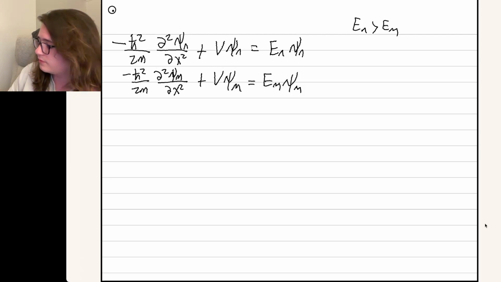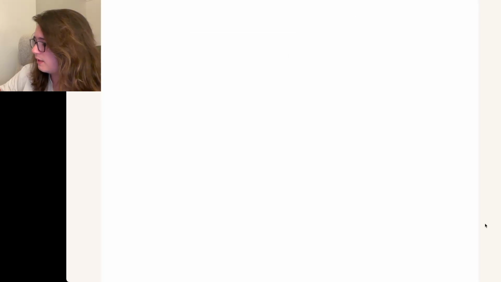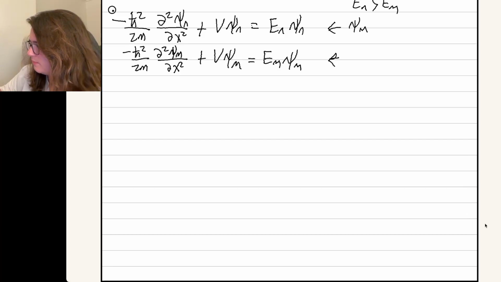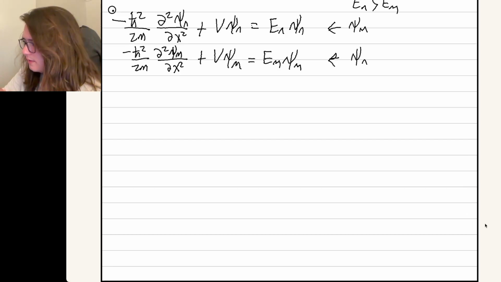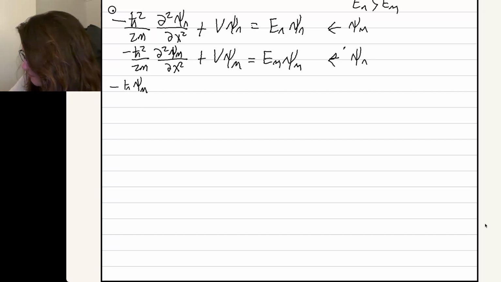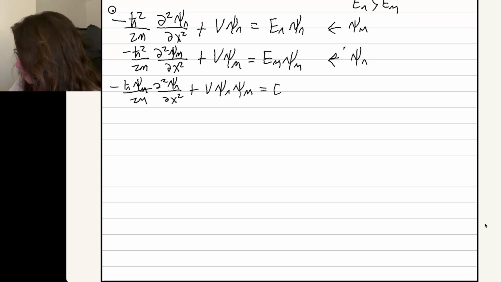First of all, we multiply the top equation by psi m and the bottom equation by psi n. So the top equation now looks like minus h bar squared over 2m, psi m times del squared psi n del x squared, plus V psi n psi m equals En psi n psi m.